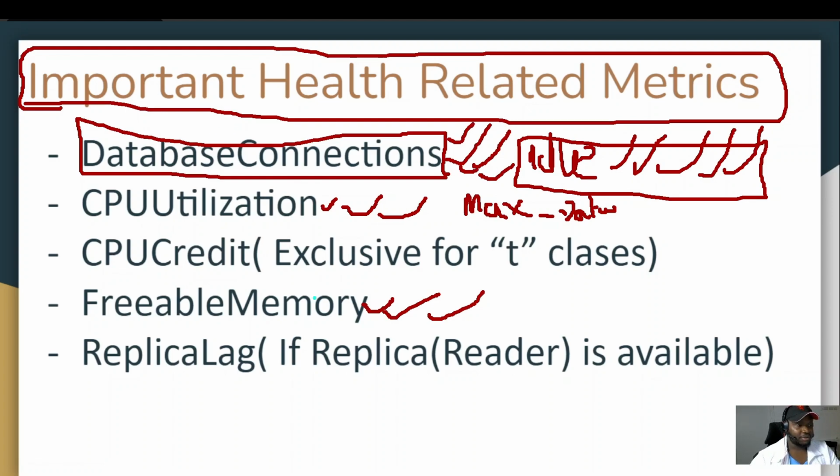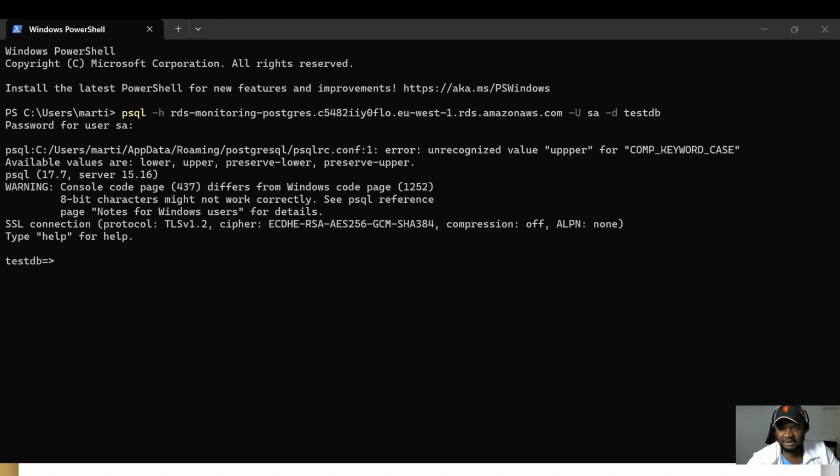Let me show you how you can check the maximum number of database connections you have for a Postgres instance. Let's say I am connected to my database test DB, and I need to see the maximum number of connections I have.